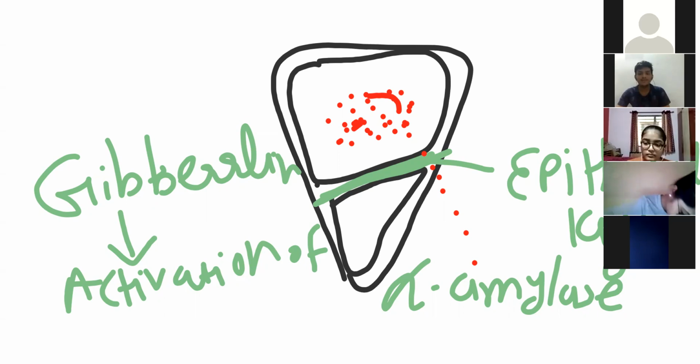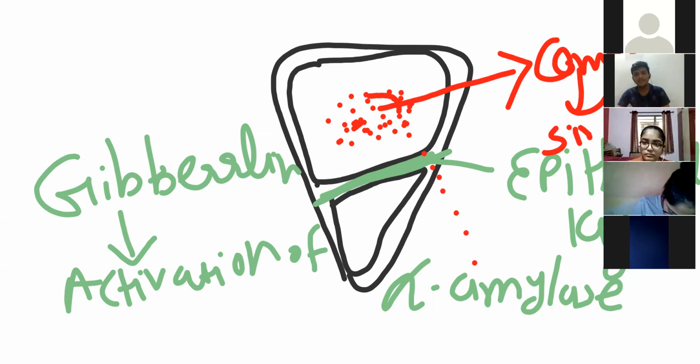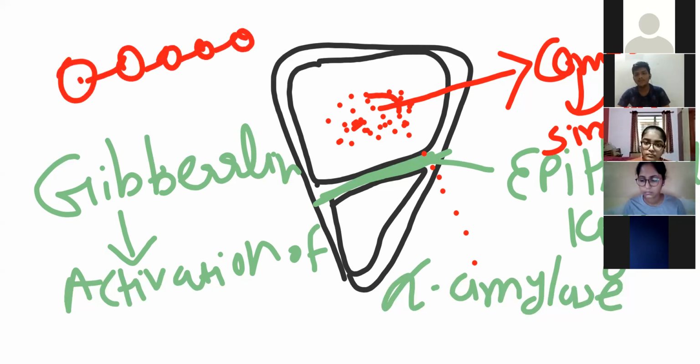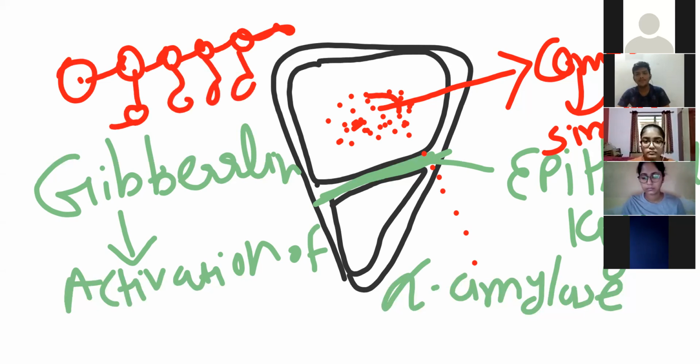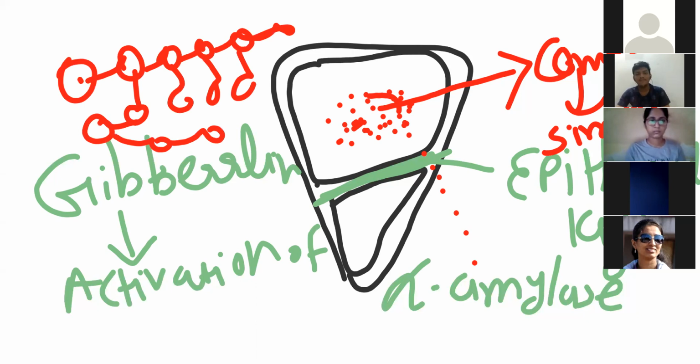So the starch in the endosperm is digested, a complex molecule converted into a simple one. Starch is basically many glucose molecules joined to each other.